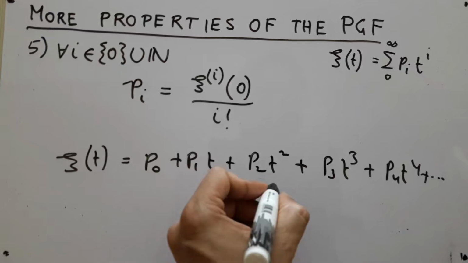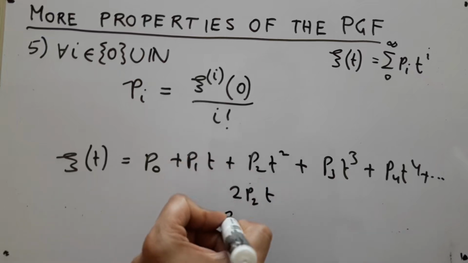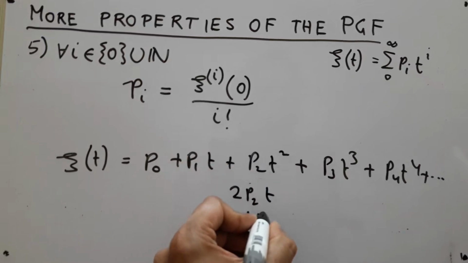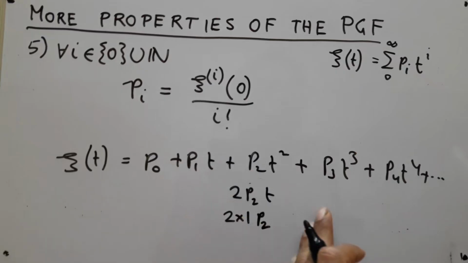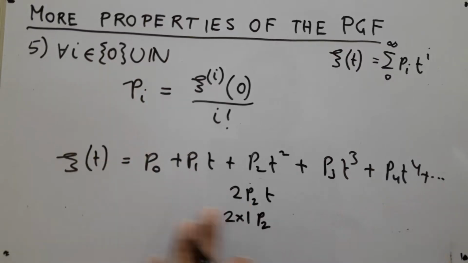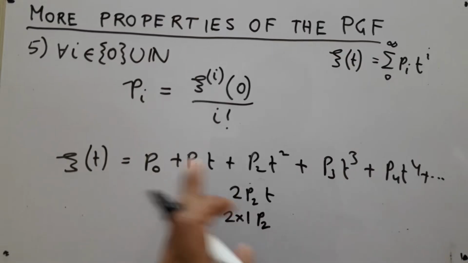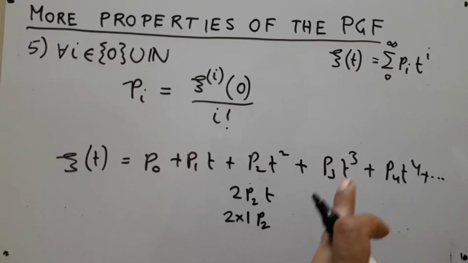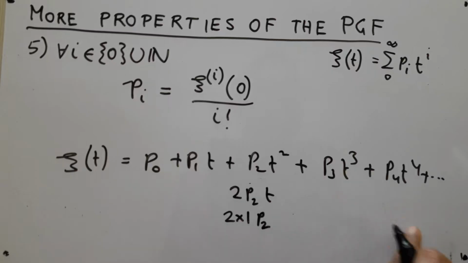For the second differentiation, this 2 comes here, so it is basically 2 times 1, p2. All the remaining things will have at least one copy of t in it. So when I put t equal to 0, they die. They are already dead. So you are left with 2 factorial times p2. If you differentiate once again, you will get 3 factorial times p3 and so on. Hence you get this result.